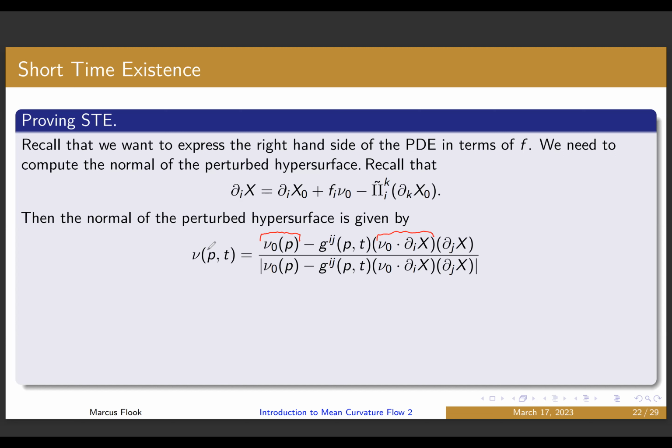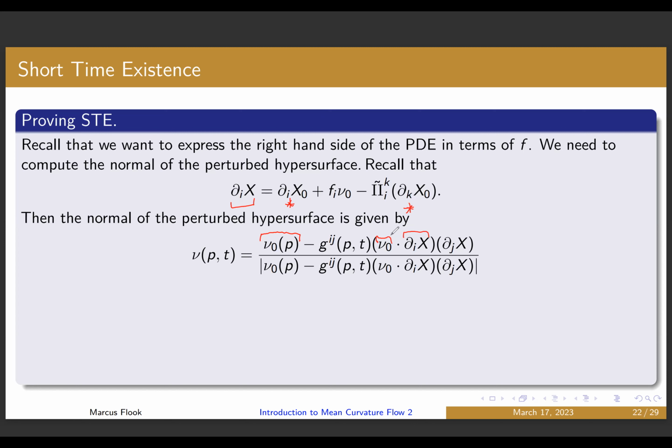Now, again, hopefully one thing that you've been able to see here is that, what I should make clear is that partial i x is this partial i x here. What we can notice is that all of these terms here and here are going to be orthogonal to the initial normal vector.